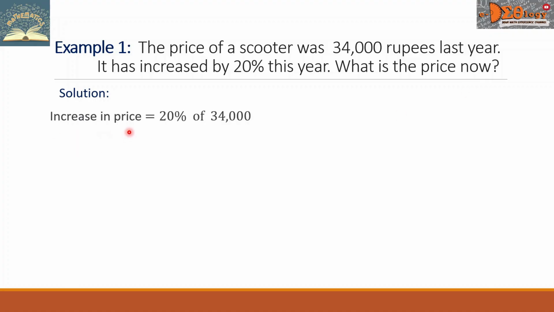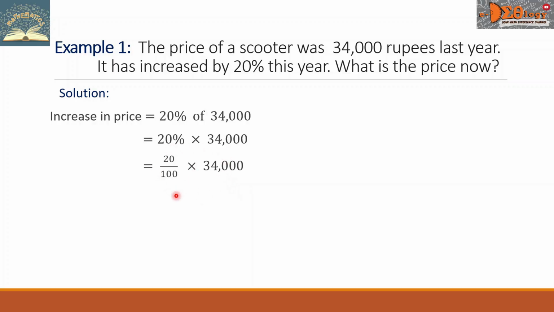The increase in price is stated in our problem, that is 20% of 34,000. That means we're going to multiply 20% by the 34,000. In here we can show 20% as a fraction, that is 20 over 100, then times 34,000.